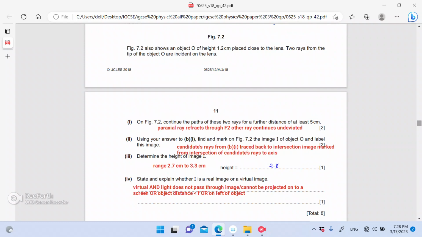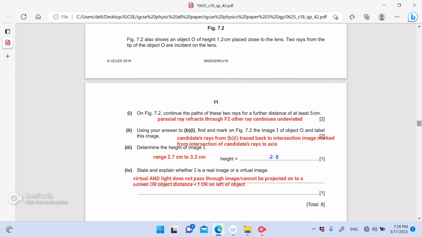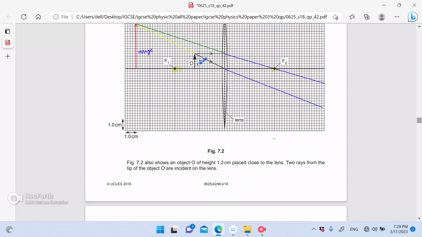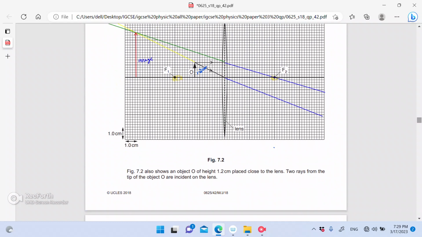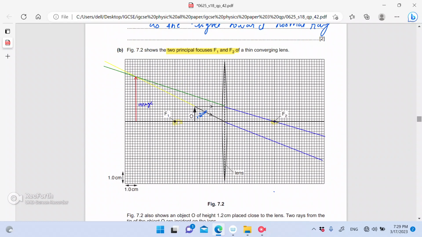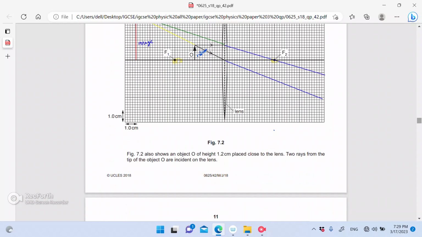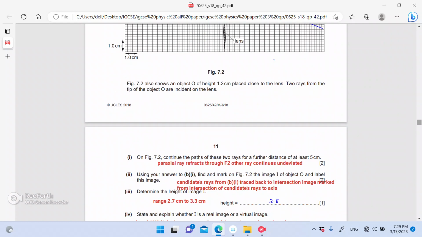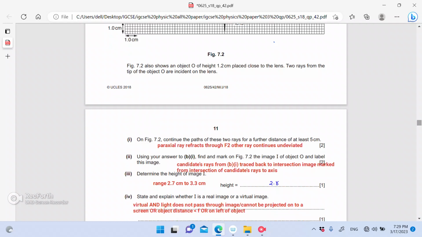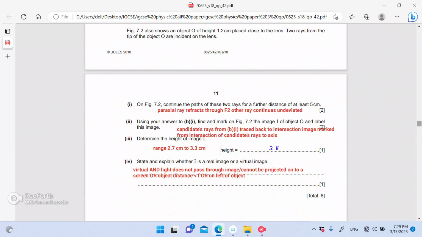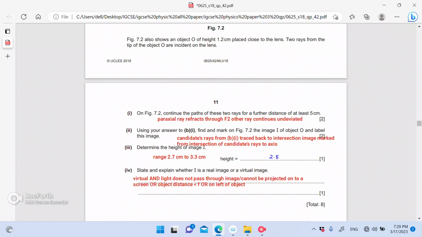So use your answer, pick B1 and mark the image and object O and label the image. You can see the image is forming on the backside, I mean on this side of the object. So when the image forms on the side of the object, the image is enlarged, right?